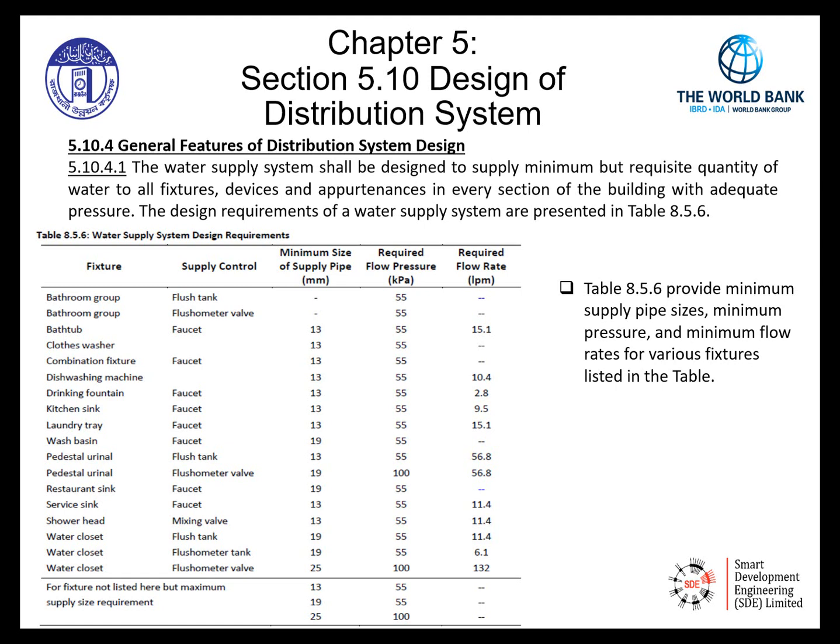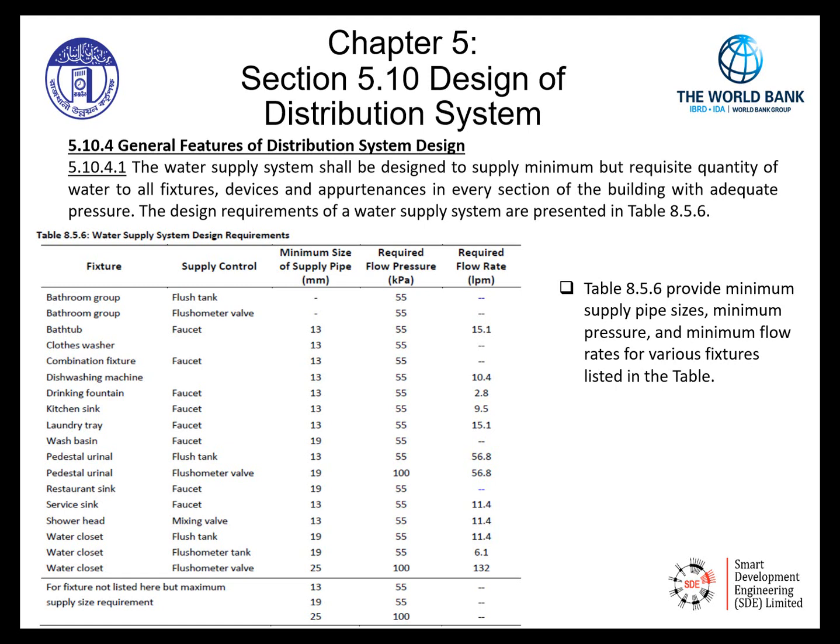For the first water closet, we have a flush tank supply control. The next one down is a flushometer tank. And then the last type of supply control for a water closet may be a flushometer valve.